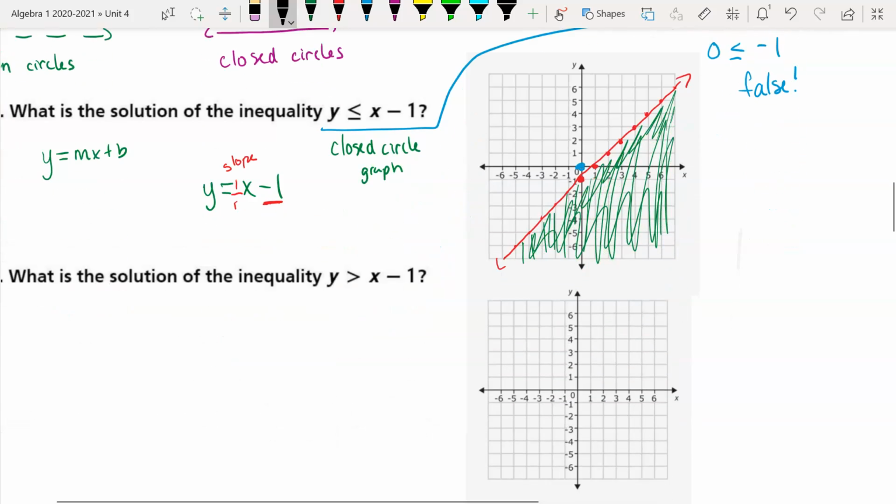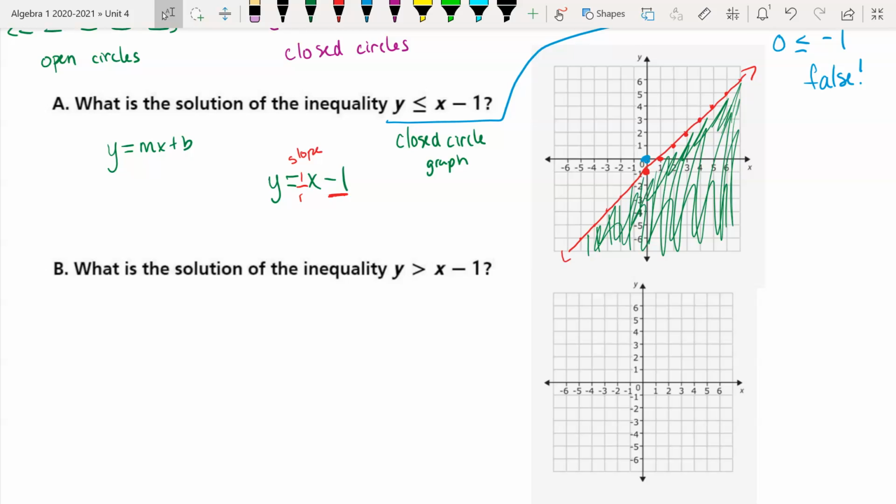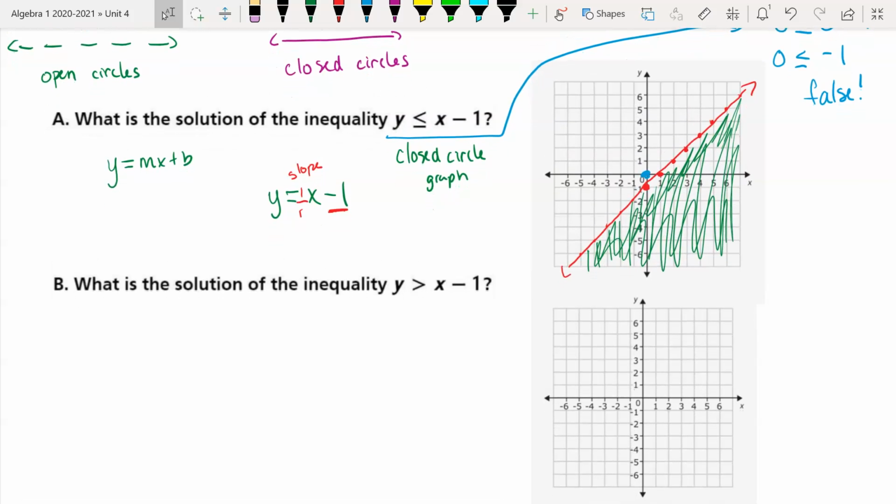All right, so this next one, I would highly encourage you, if you have graph paper, to pause it and try to graph this. Notice it's just greater than, so this is going to be an open circle, aka a dashed line. Notice I'm still starting at -1.